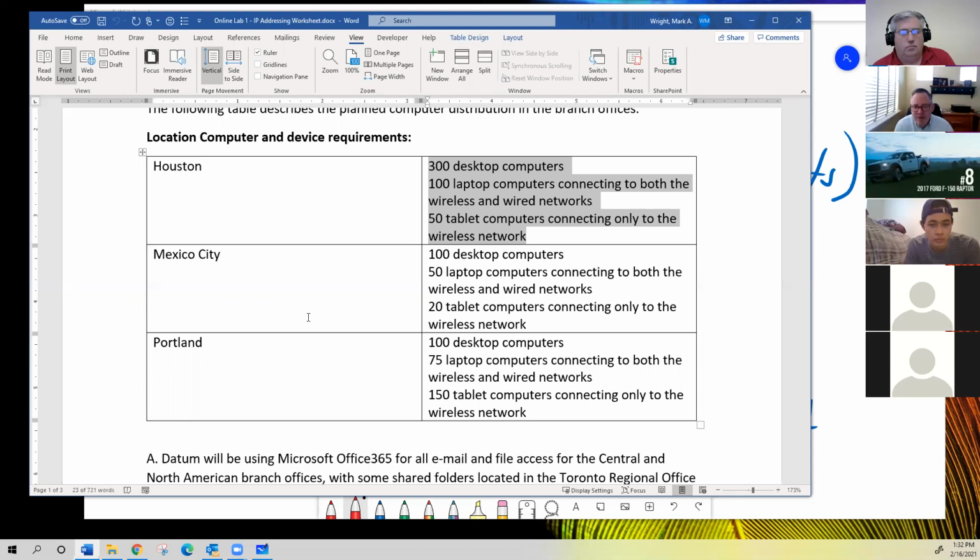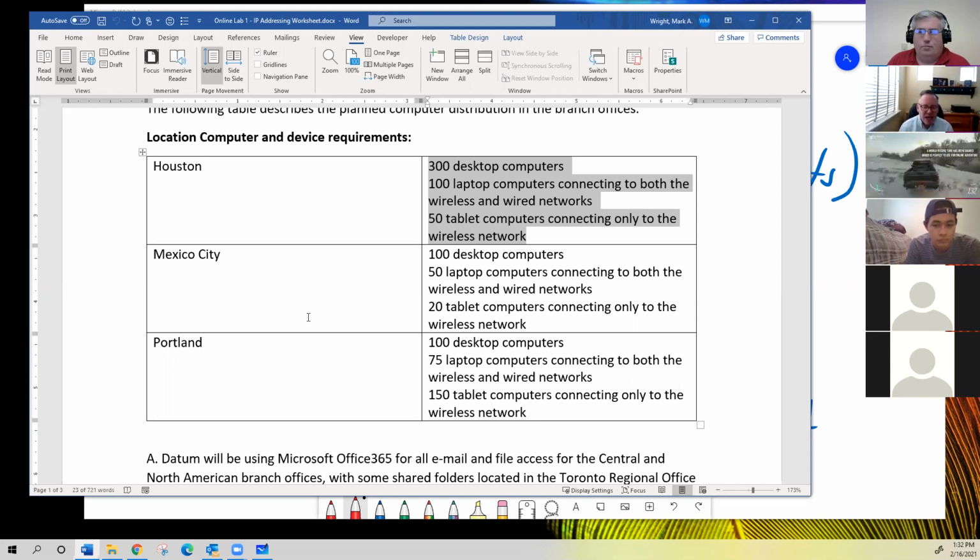So you're right. 400 is going to be for wired, because that's the maximum case scenario. And then those laptops could all be wireless, and so that plus the tablets, that's 150. So that's the IP addresses you need: 400 for wired and 150 for wireless in Houston.